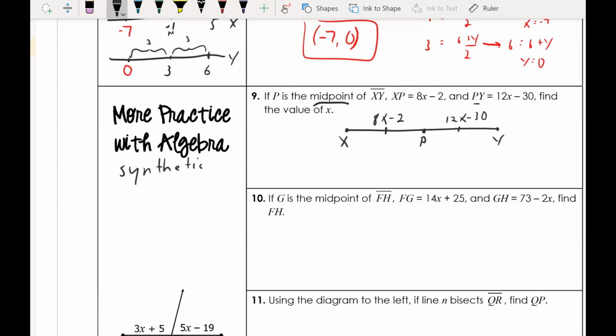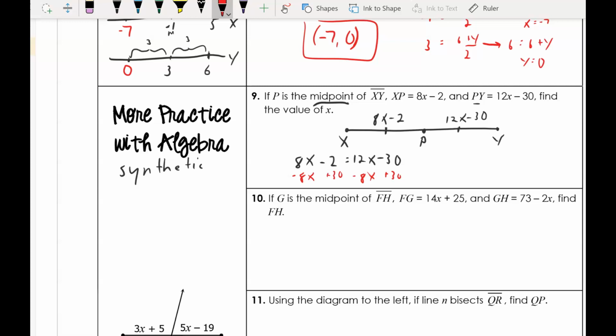Now, since these are equal, we're going to set these two expressions equal to each other. 8x minus 2 equals 12x minus 30. Use your algebra skills and solve that. We subtract 8x from both sides and add 30 to both sides. That's one way of doing it anyway.